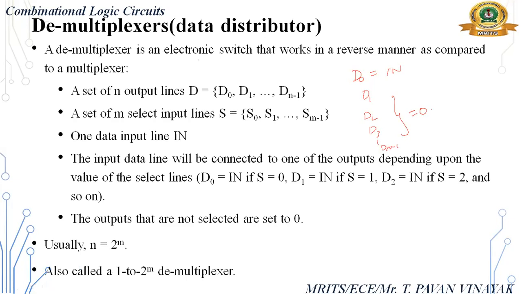We denote the demultiplexer as 1 by 2 power m, and the multiplexer as 2 power m by 1. This is the basic definition of a multiplexer.